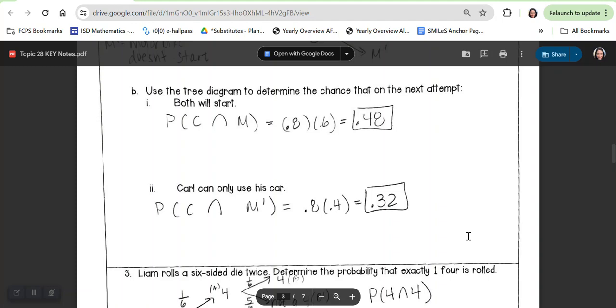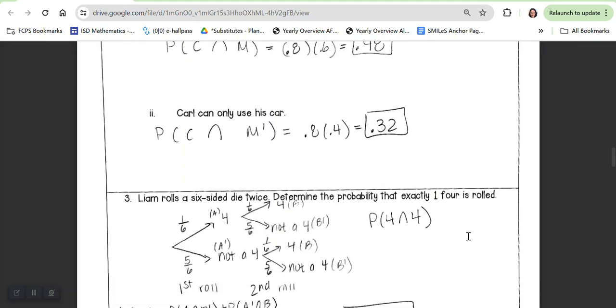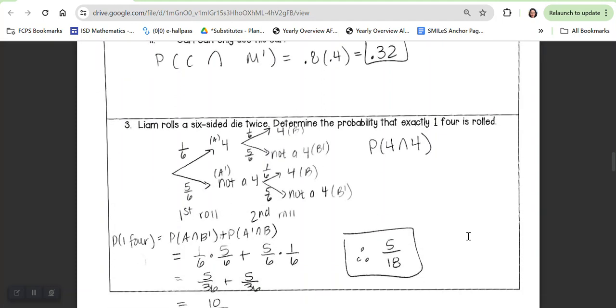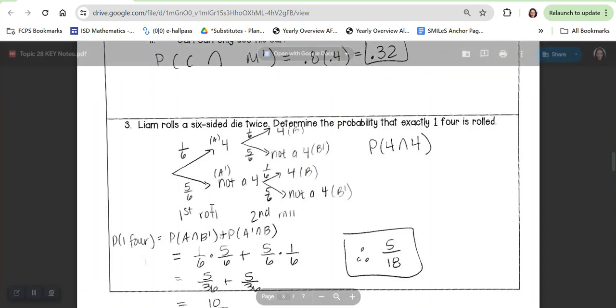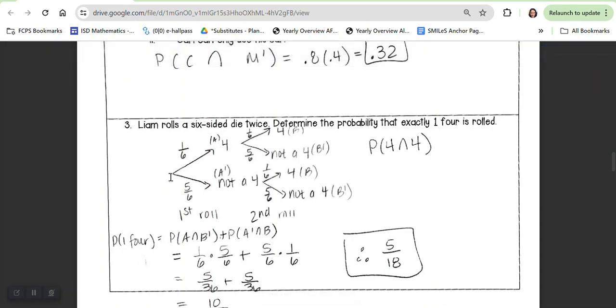Alright, and then number 3. Liam rolls a 6 sided die twice, determine the probability that exactly 1 4 is rolled. So when we roll the die, we can either get a 4 or not get a 4. And the probability of a 4 is 1/6, and the probability of not 4 is 5/6.